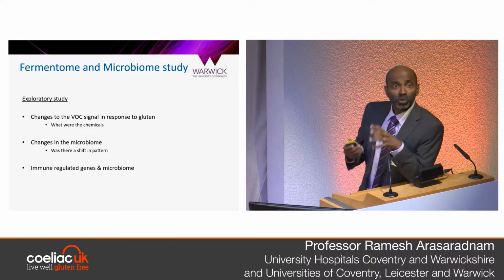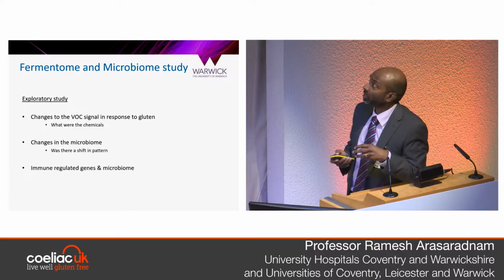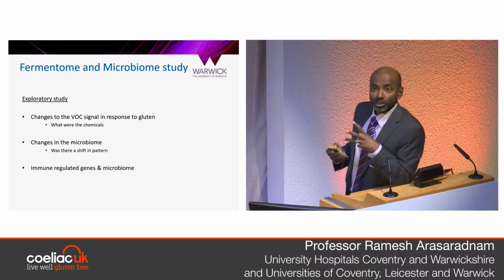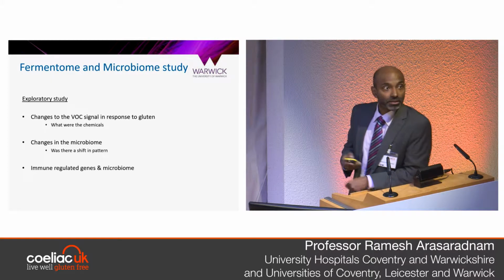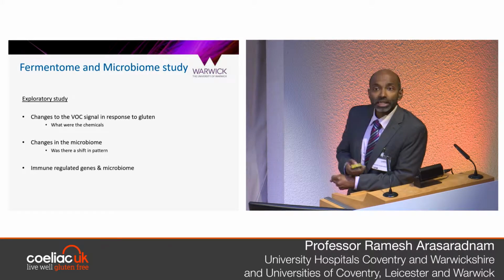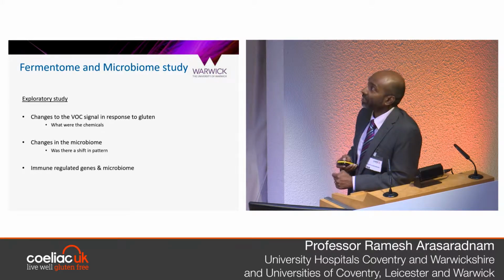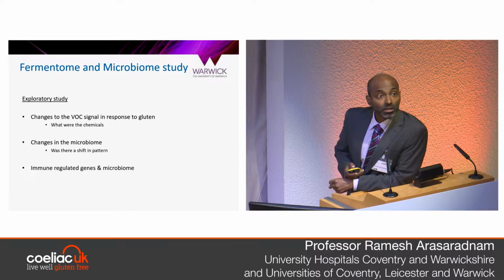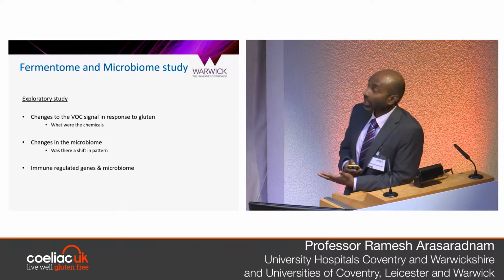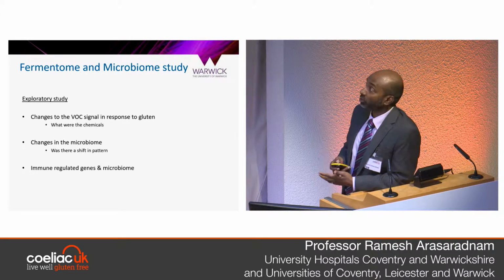So naturally, we wanted to build a little bit more on that and work out how we can explore the fermentome in a little more detail, particularly with celiac disease, because it was proving quite unique in the sense of the chemical that was identified. So we wanted to look at the changes of the VOC signal, but in this instance, what happens when the patients go on to a gluten-free diet?